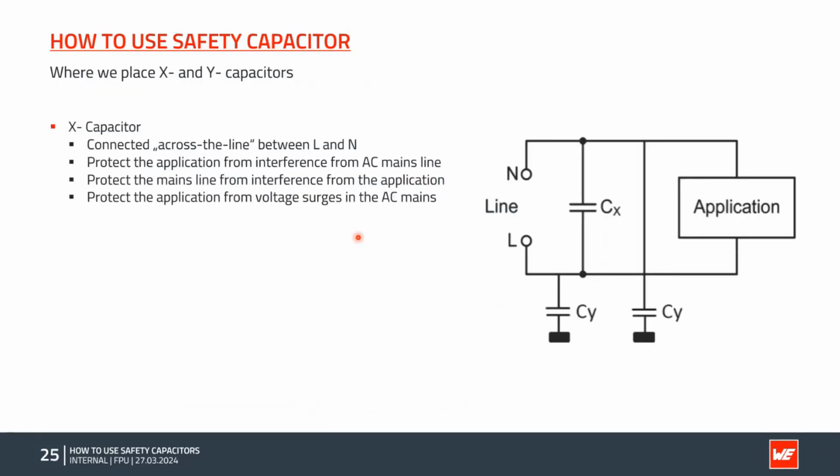And now we are coming to the thing that Cam also mentioned in the invitation: the use of X and Y capacitors and where you place them. These capacitors you place across the line between L and N, and it protects the application from interference from both sides, from the AC mains or from the application, and also protects in a limited way against surge voltage coming from the AC.